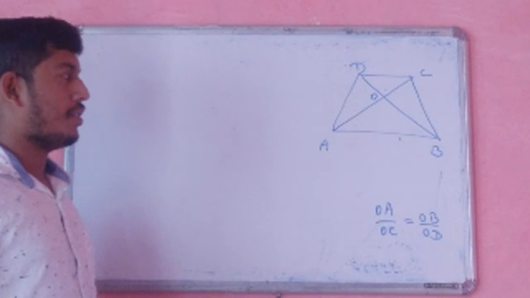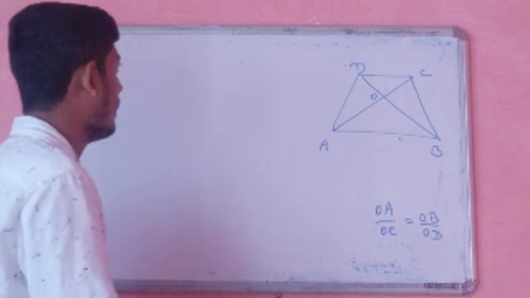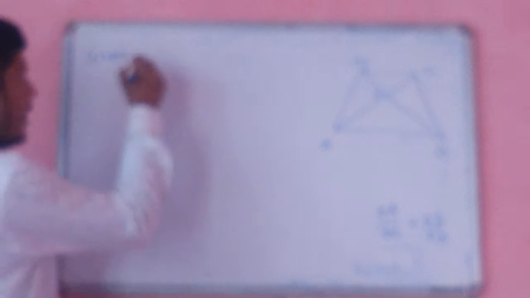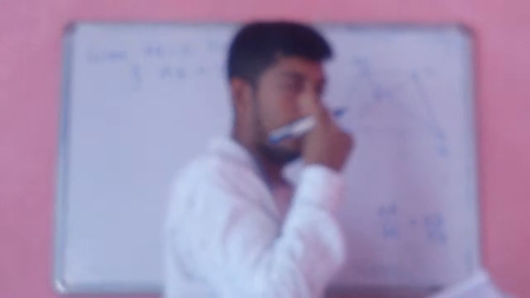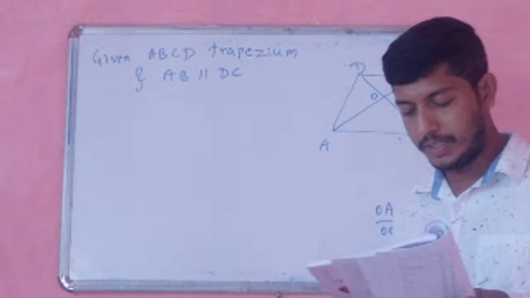So first we will write the given data. Given: ABCD is a trapezium, and AB is parallel to CD. Those are the given data.